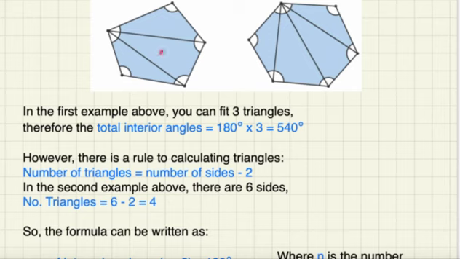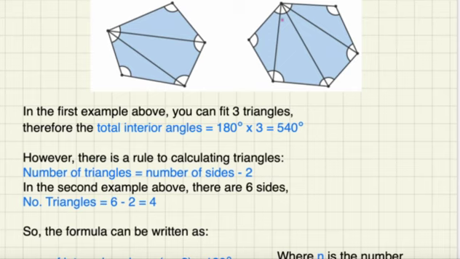So in this example here, we worked out that you could fit in 3 triangles. Therefore, the total interior angles equals 180, that's the number of angles in a triangle, times the number of triangles, and that gives 540 degrees.